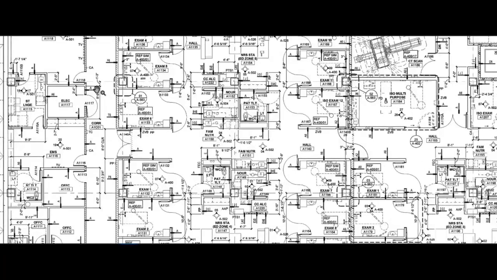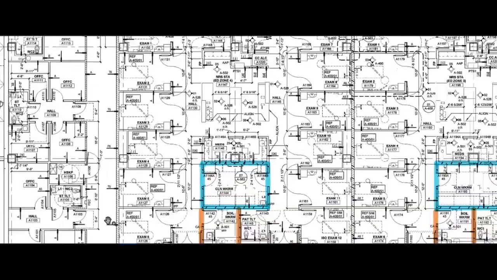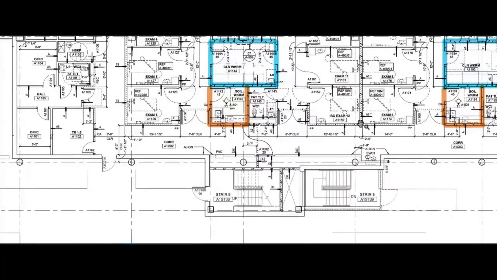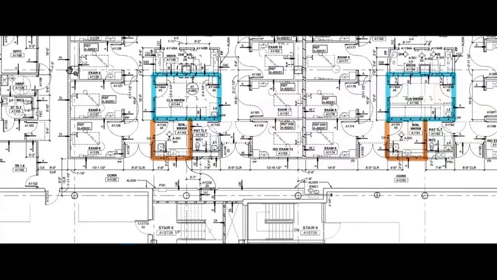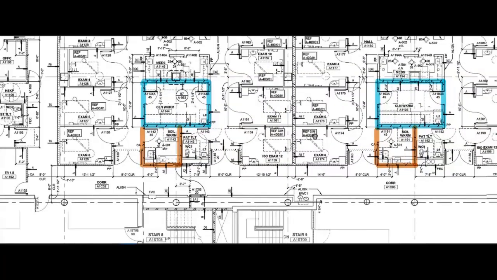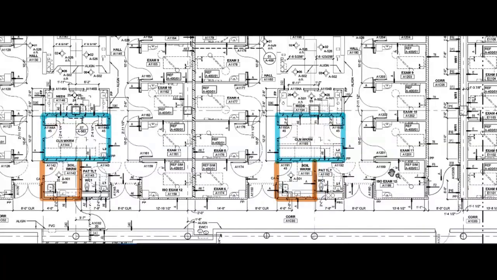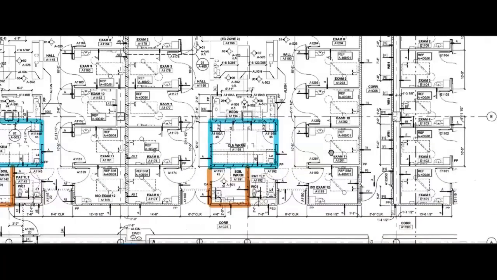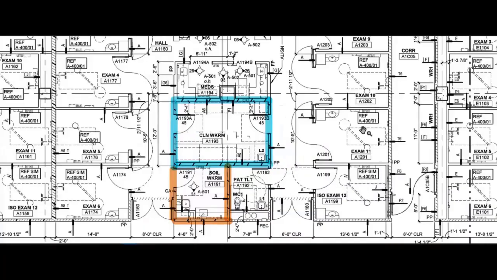The exit access corridors are around the perimeter. And each of these are divided into separate care suites. You can see the firewalls here that separate into different care suites. So this particular clean workroom is within this care suite.